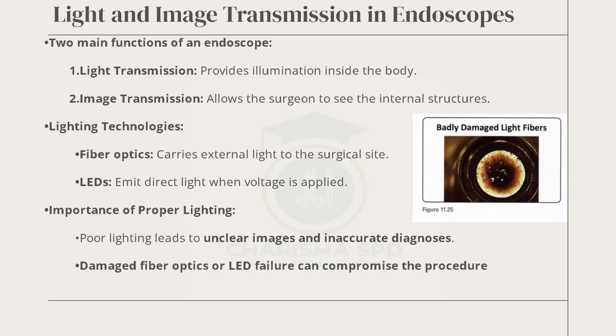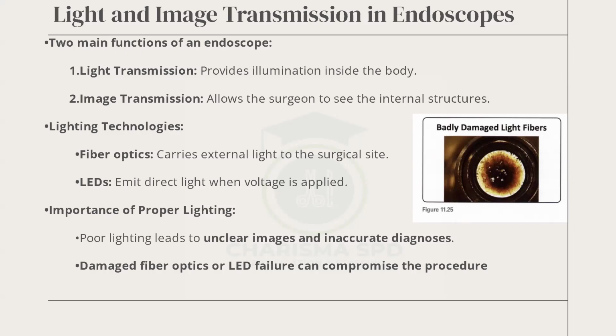The light comes as a result of fiber optics. The optics carry the light into the endoscope. And then the LED emits direct light when voltage is applied. So basically, in the lighting system, the fibers in the cord produce a light that will enable the surgeon to see in there.